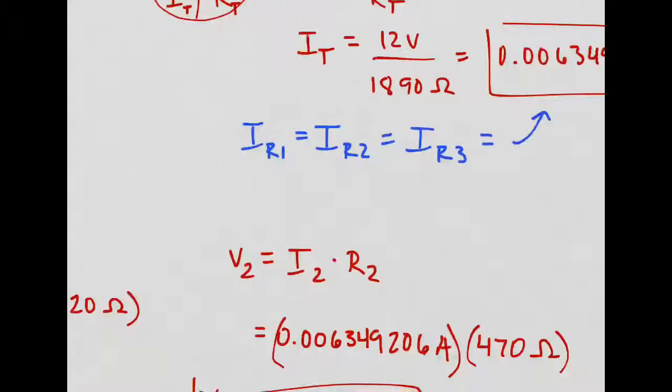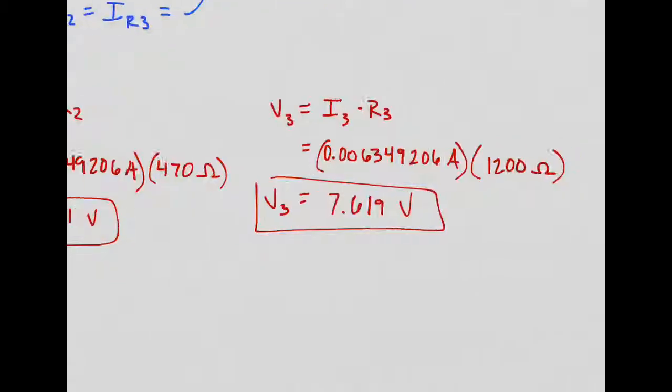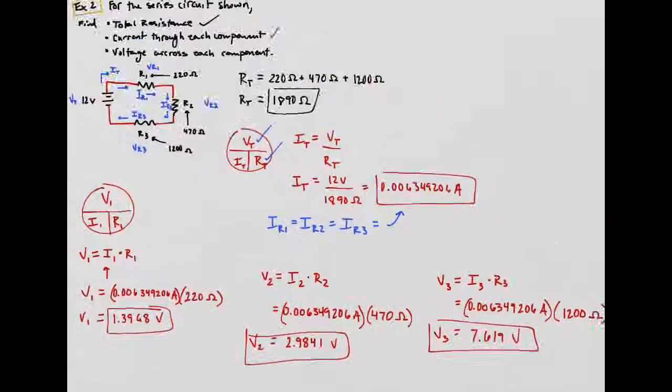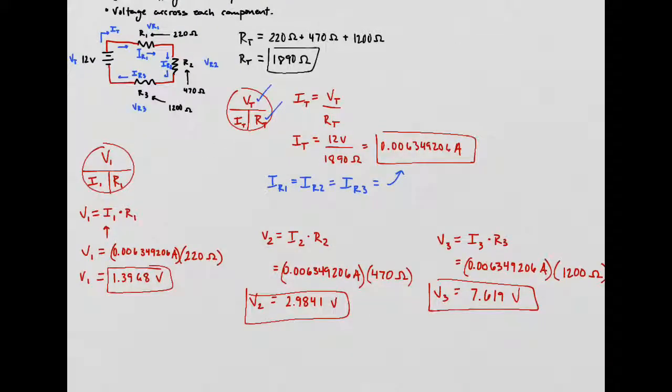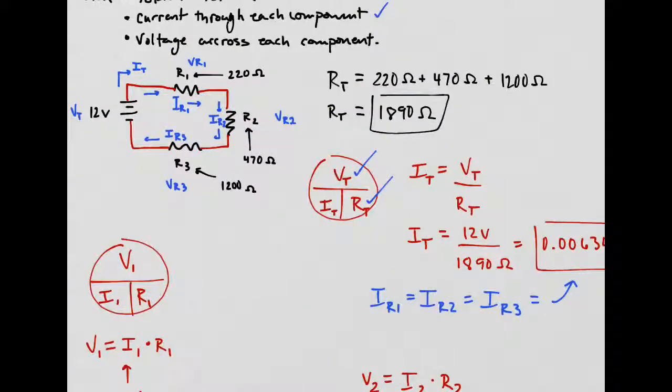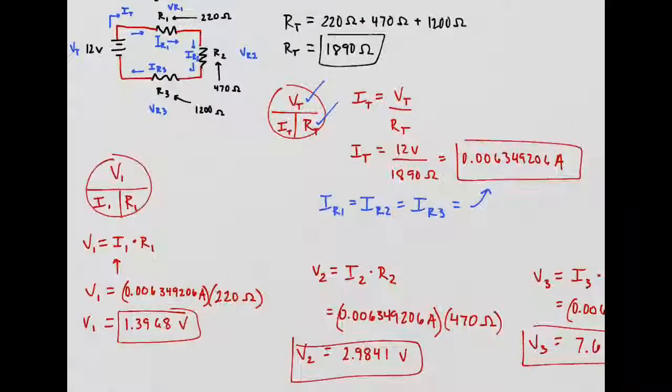So the voltage drop, the pressure drop over the third resistor is really high. And the pressure drop for number 2 is the second highest because it's the second highest resistance, and then the voltage drop for the first resistor is the least because it has the smallest resistance.